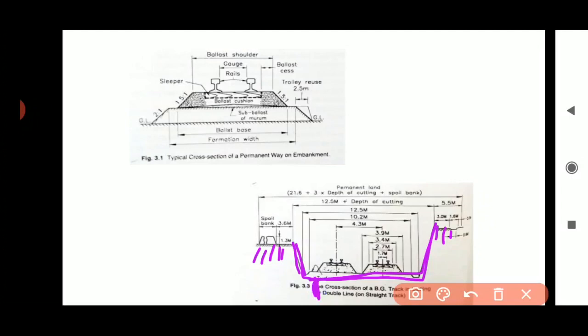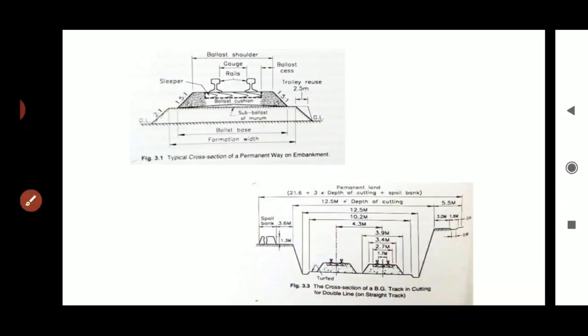This will be called the double line broad gauge, as here you can see there are two lines. This is one rail line and this is the other rail line, so this will be called the double line. So this is the cross sectional view of the double broad gauge railway track on a cutting.